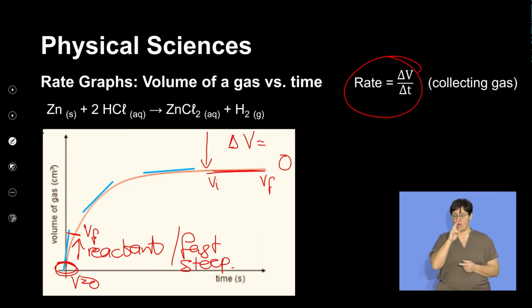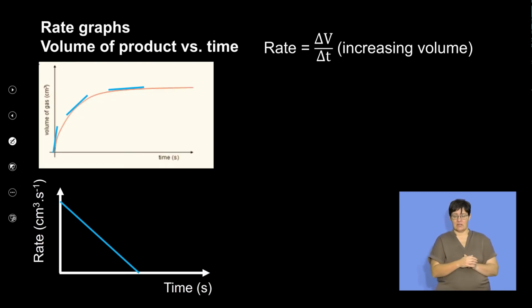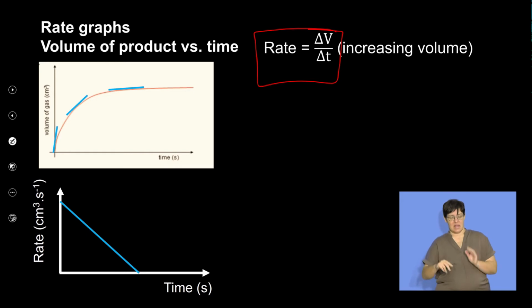So if we go look at the plotting of this, with an increase in volume, even though it is a positive rate expression, we will still see that we have a negative gradient starting from your high positive to your 0.